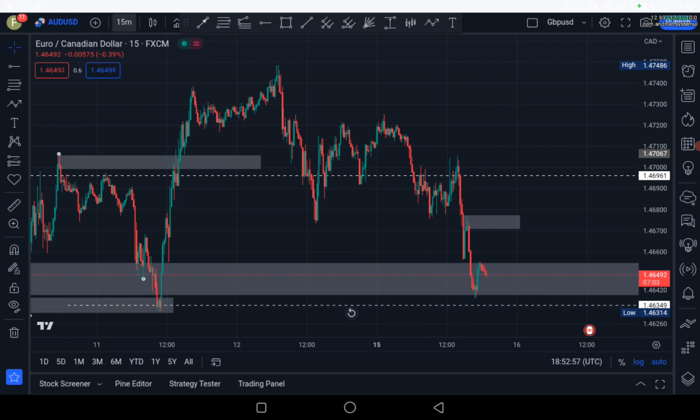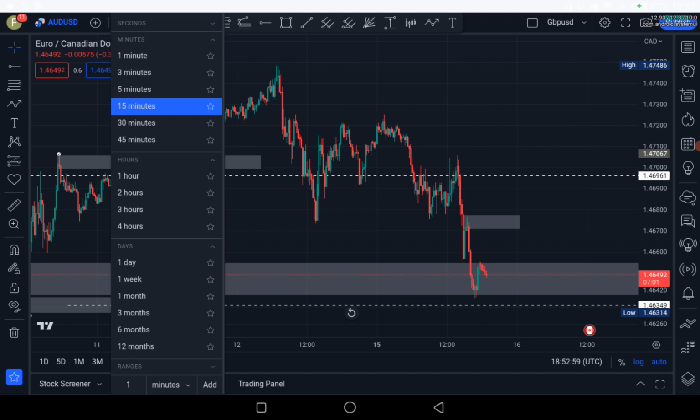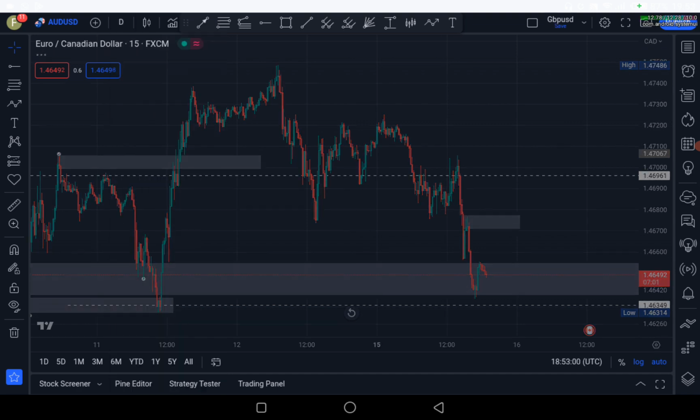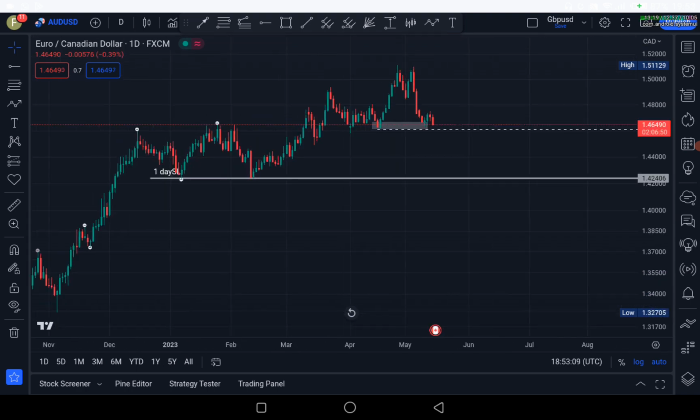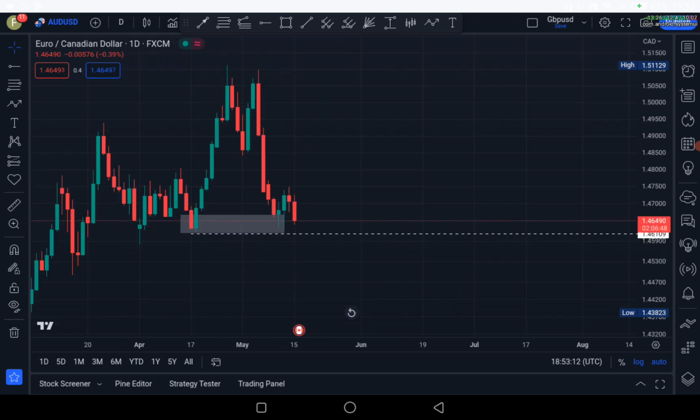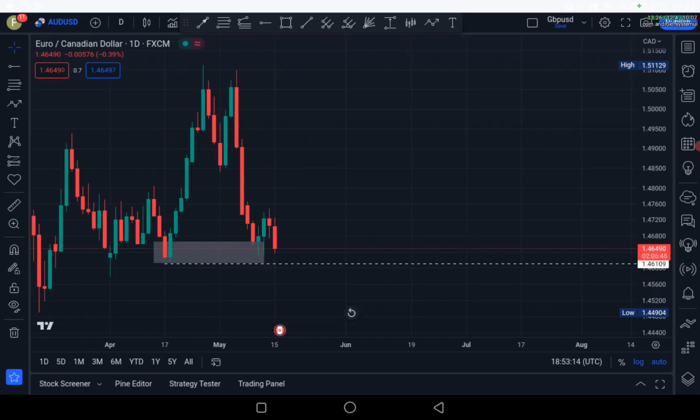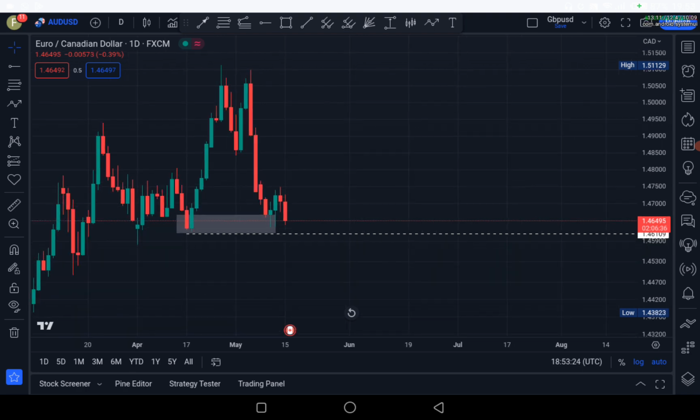If you go on the 1-day time frame, which is still the anchor for my trade since last week, if we break through 1.46109 or 1.46, the psychological level of 1.46, then we are going short. So there may be a lot of consolidation energy around here, and it may take a while, so you have to be patient.